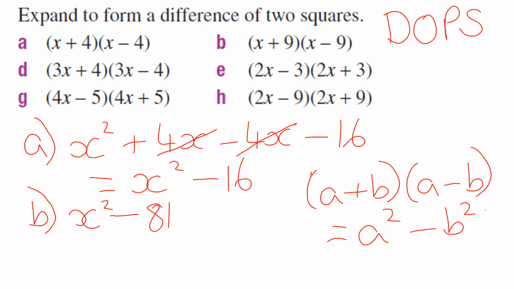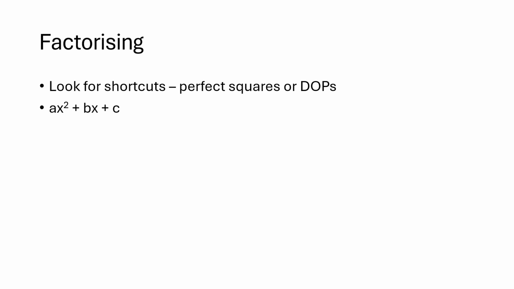And this is a handy thing to remember because when you see this bit here, a squared minus b squared, we can instantly factorise that problem. Normally when we're factorising, we look for these perfect squares or difference of perfect squares, things which can speed up the process for us.